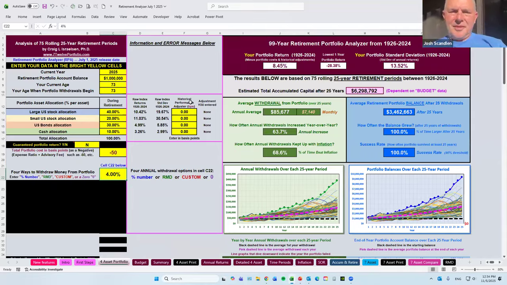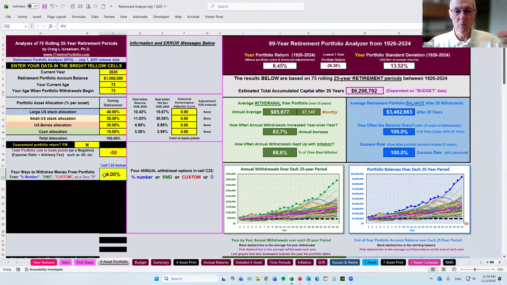Okay, impressive numbers. Let's go to 5%, because here's a retiree asking the question maybe a couple different ways. What's a safe withdrawal rate? Classic question. Or they might say, what withdrawal rate would maximize my withdrawal without overly penalizing my average ending balance?